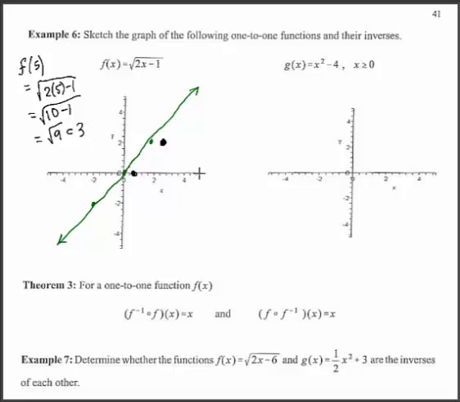So at 5, which is right about here, I can track my way up to 3, which is halfway between 2 and 4. I'm going to place it right there. Okay. And so now with my coordinates for f of x, this will be a lot easier to plot the inverse.